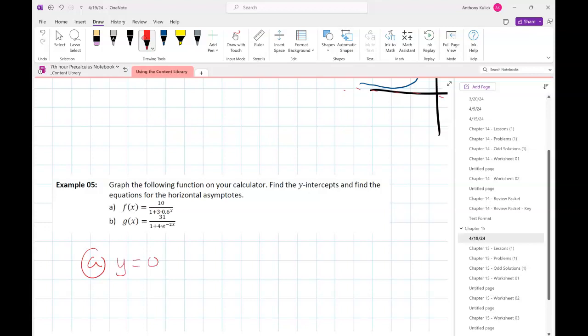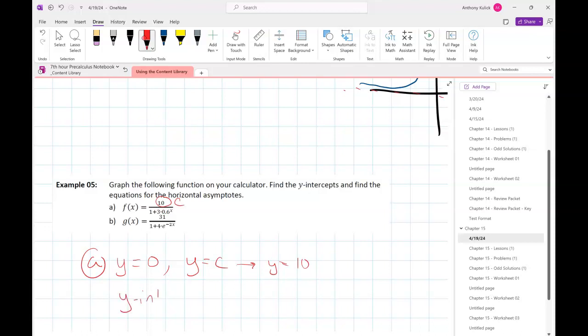It's always y equals 0. And the other one is y equals c. What's the c in this function? It's just the numerator. So those are your two asymptotes. Everybody feel good there?